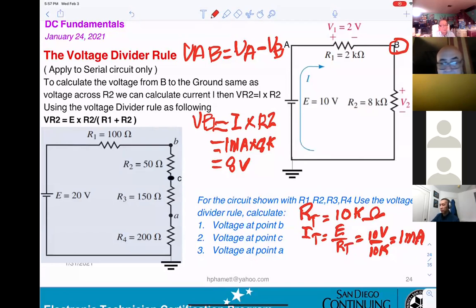Okay, now we go with the voltage divider. The voltage divider, they will be helping you. You don't have to calculate too many things. Okay? I go through that for you.